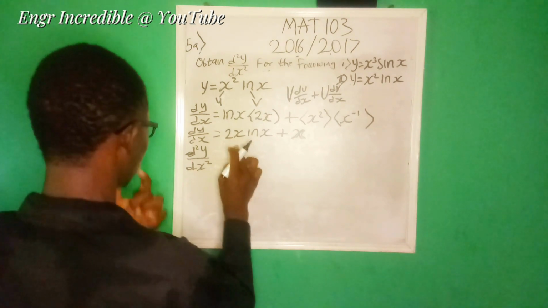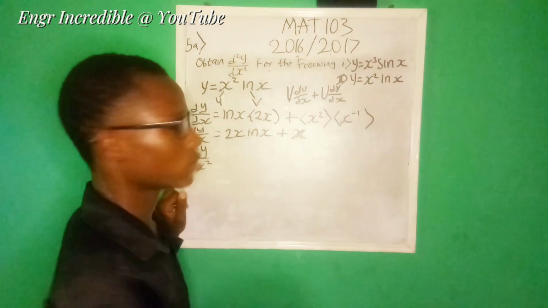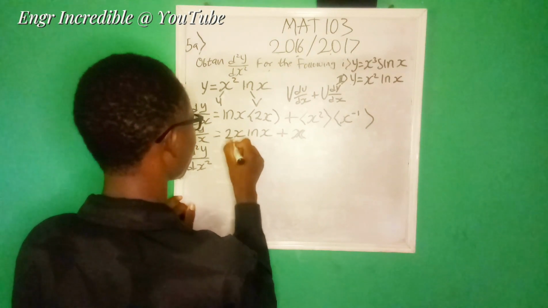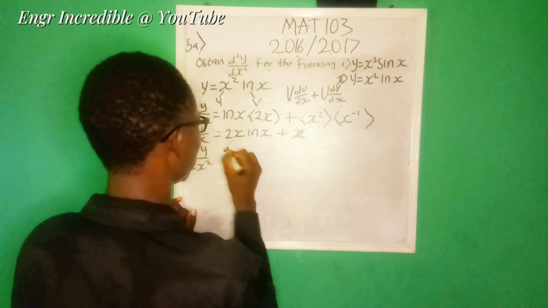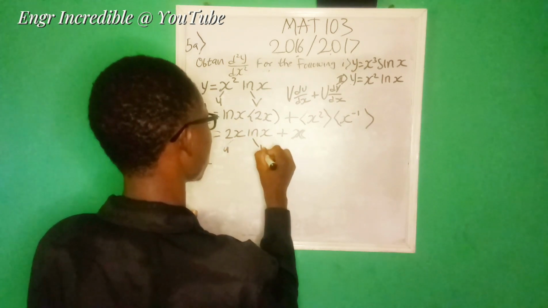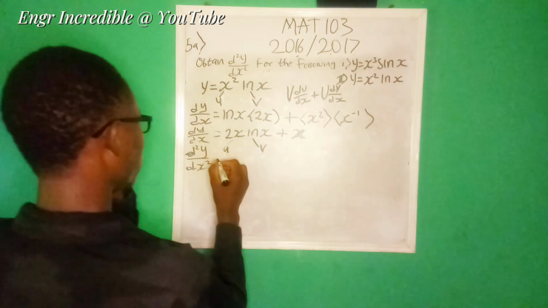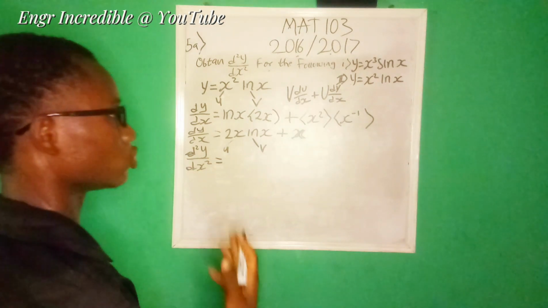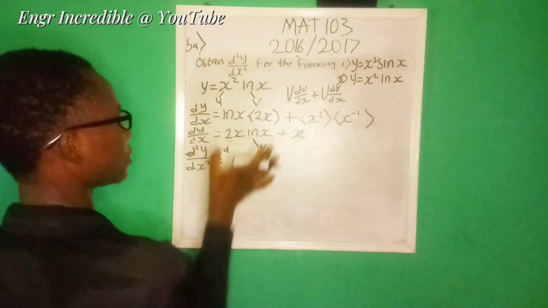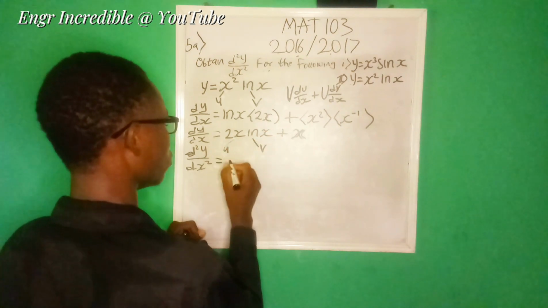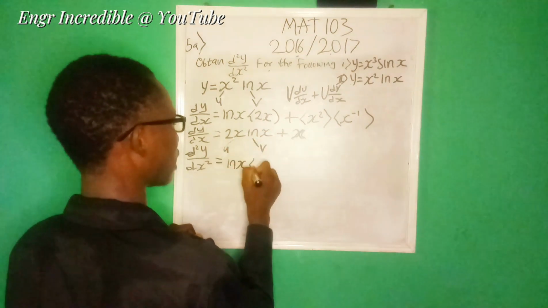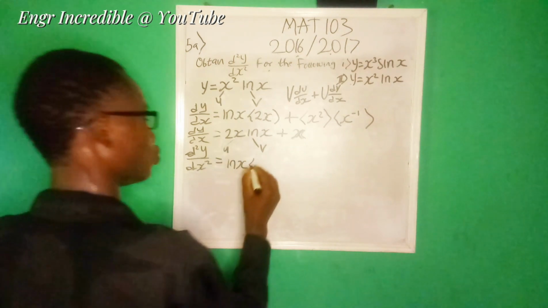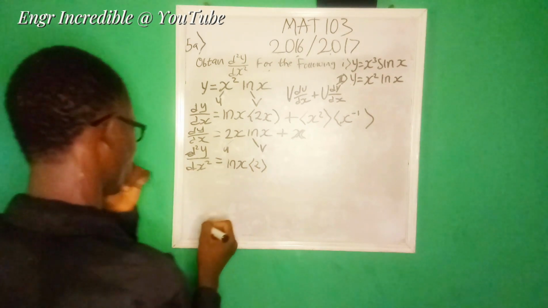So we pick one as our u and one as our v, picking this as u and this as v. So d squared y over dx squared is equal to v times du dx plus u times dv dx for this part here. Our v is equal to ln x times, when we differentiate 2x, it's going to give us 2. So we have 2.